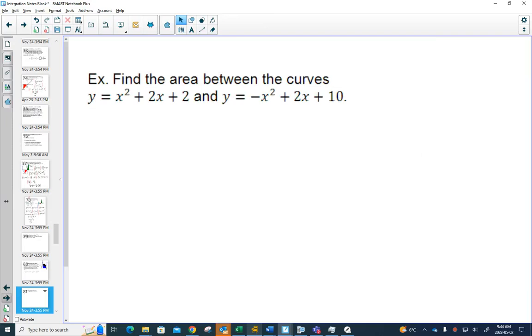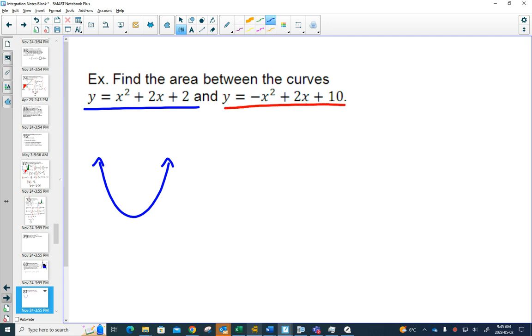So we have one parabola, this blue one, opening up, and one parabola, this red one, that's opening down. Now, it's possible that they never intersect. It's possible that they intersect once, but it's possible also that they intersect twice.